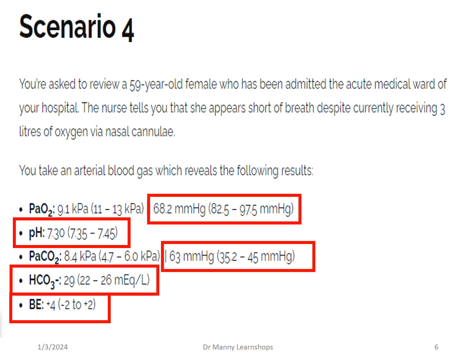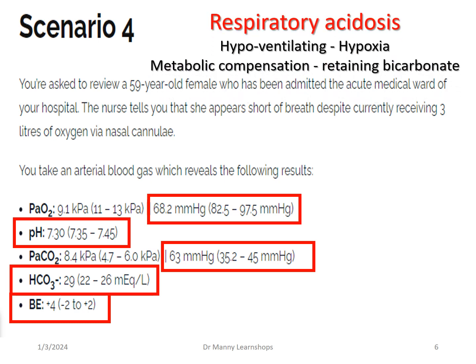So therefore what we have here now is obviously a breathing problem, despite oxygen therapy. So what's our interpretation of this arterial blood gas? The patient has a respiratory acidosis because they're hypoventilating, retaining CO2. Despite breathing being increased, they're hypoxic.